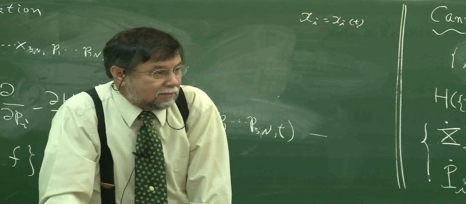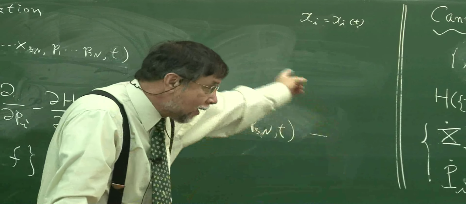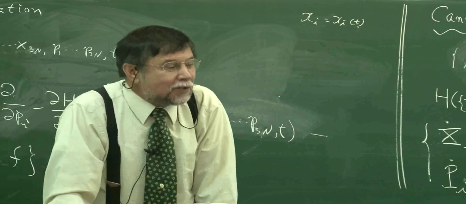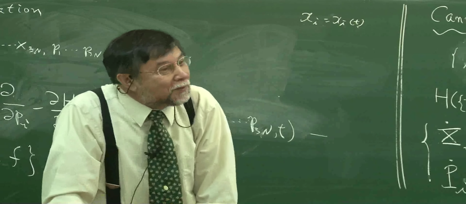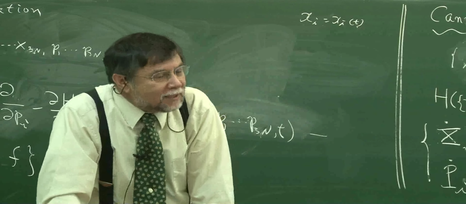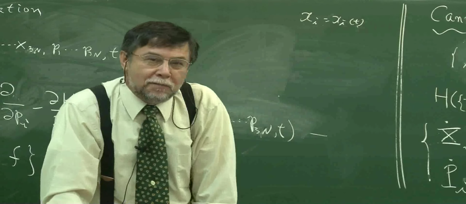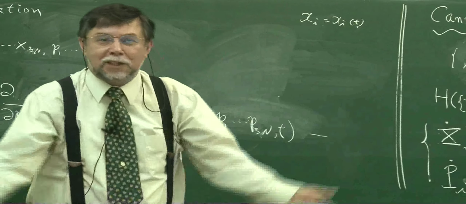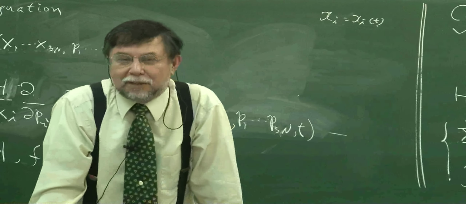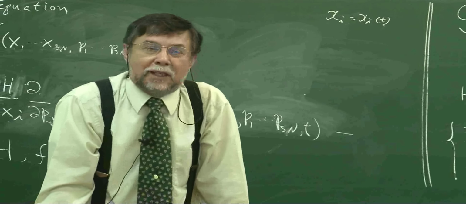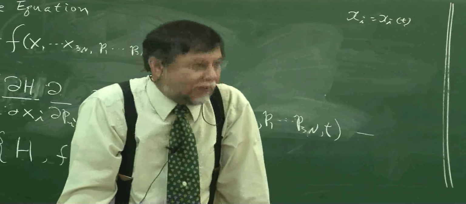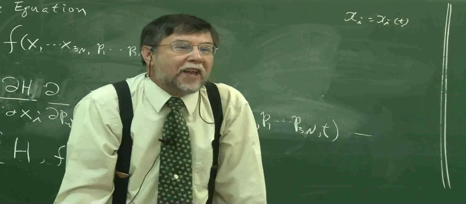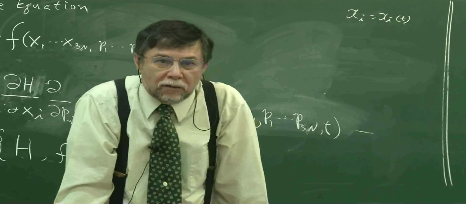What does this mean? By any canonical transformation, you cannot solve the equation of motion, in principle. And that was a very big surprise, because everybody assumed that when you write the equation of motion, eventually you can solve it. But Poincaré showed that there are such systems where you can never find enough invariants of motion. And that is the discovery of chaos.